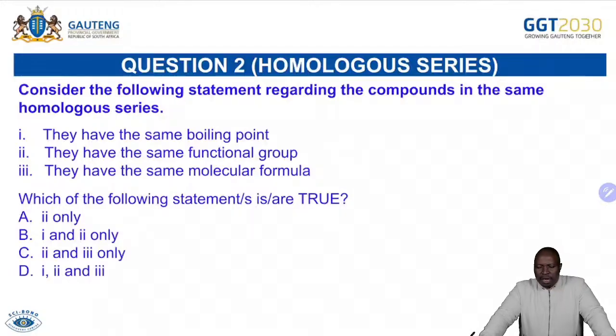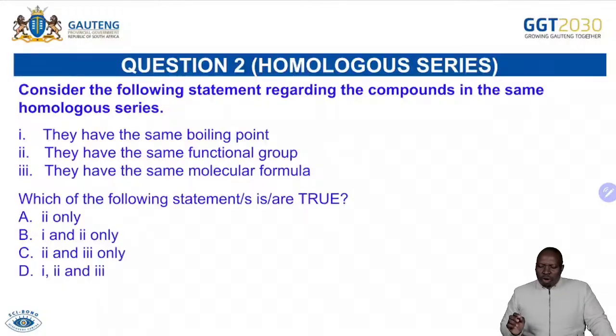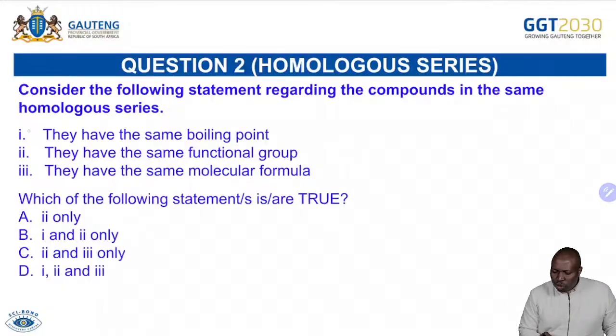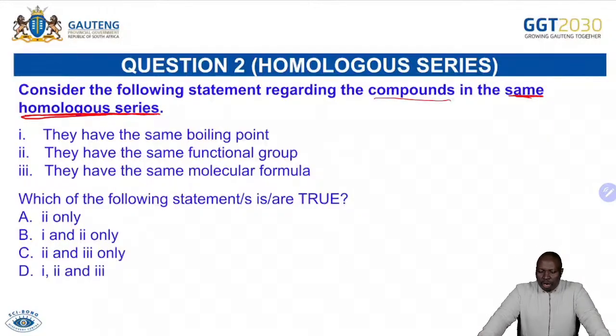Question 2 says, consider the following statements regarding compounds in the same homologous series. It's very important to always highlight the keyword there, same homologous series. So we're talking about organic compounds that are in the same homologous series, and statement one says they have the same boiling point.